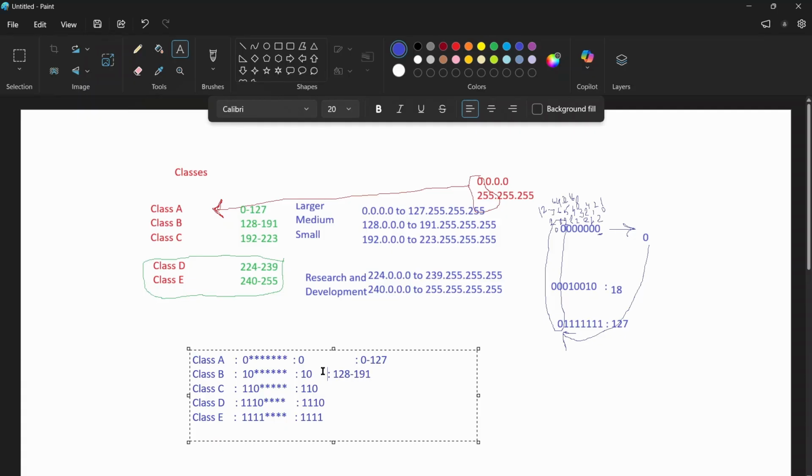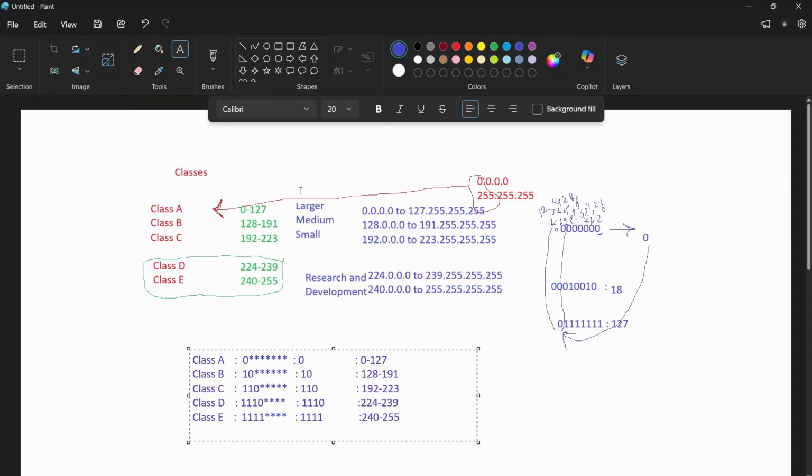In class C, the first 3 positions 110 will be constant and the remaining will be changed, 192 to 223. Then class D is 224 to 239, and class E is 240 to 255. Hope it is clear.